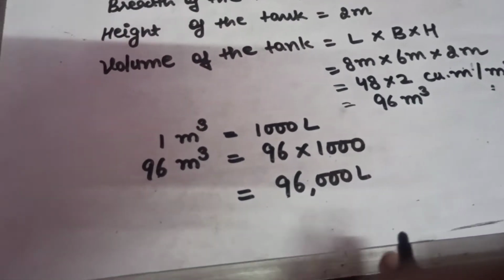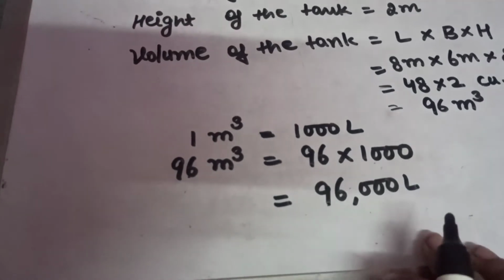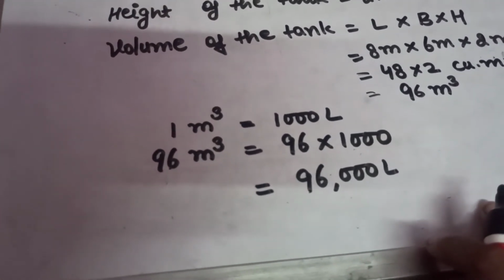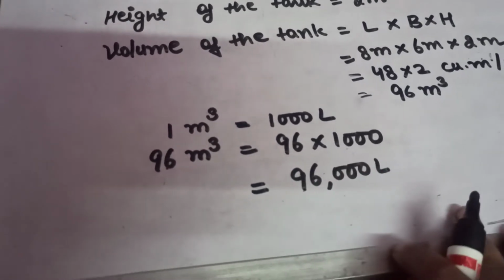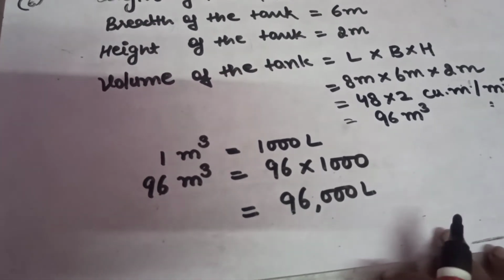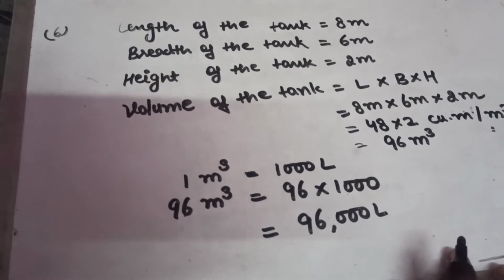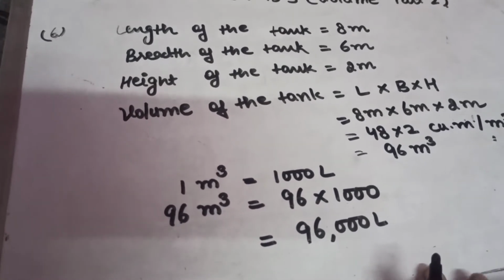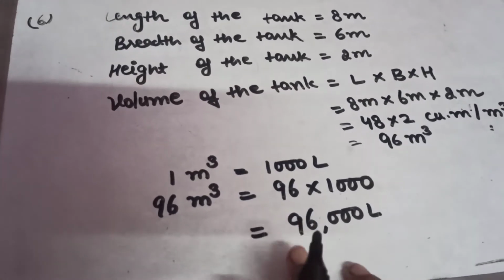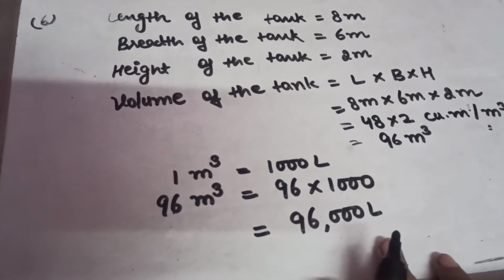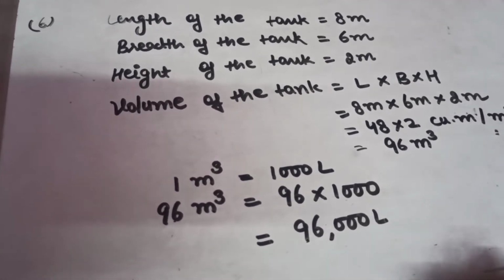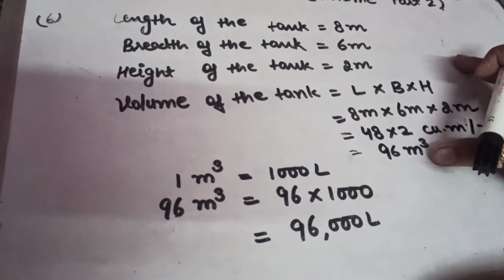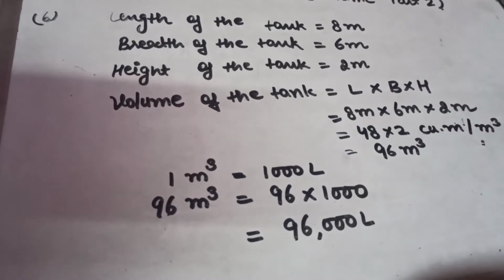Clear this? So 96,000 liter water it can hold. Clear this one? Simply the question is that how many liters of water can it hold? So how much water it can hold? 96,000 liter water can it hold. So I hope this one is very easy. Length multiply breadth multiply height.